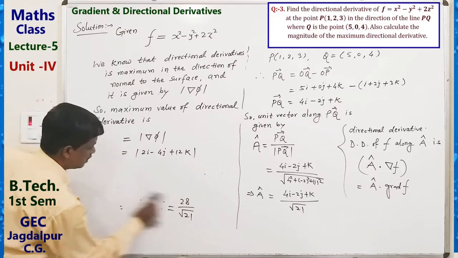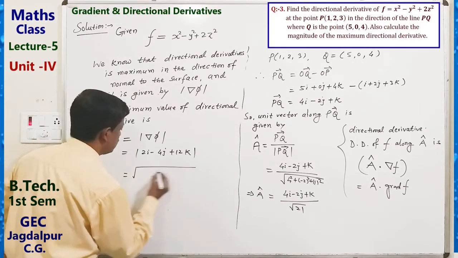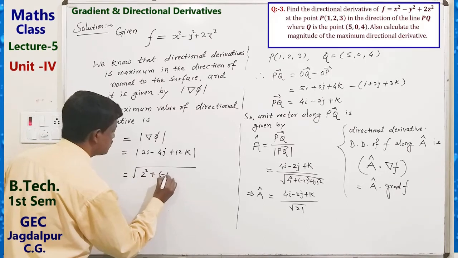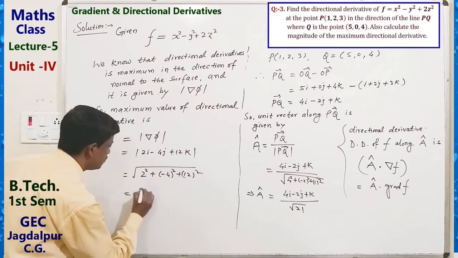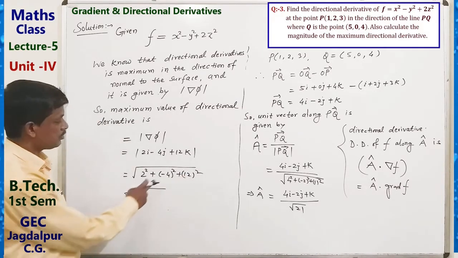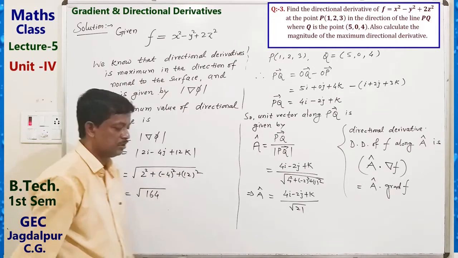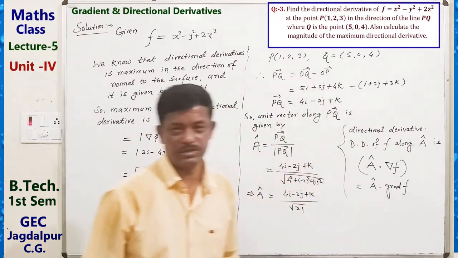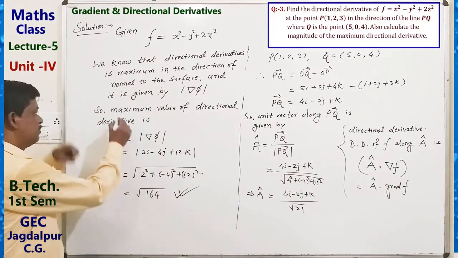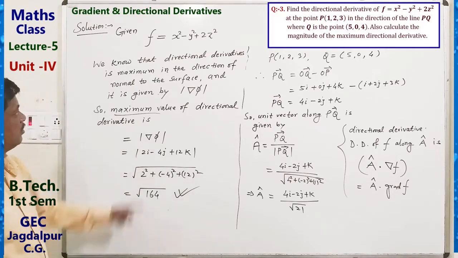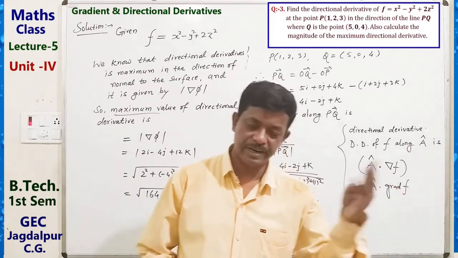Its value is what? First find the modulus: root of 2 square plus (minus 4) square plus 12 square. So this equals root of 164. This is the maximum value, because we know the theory about the gradient del.